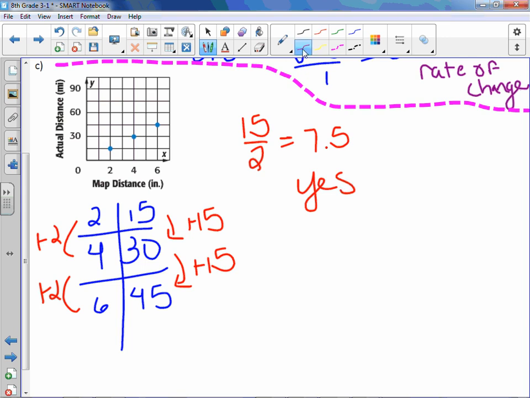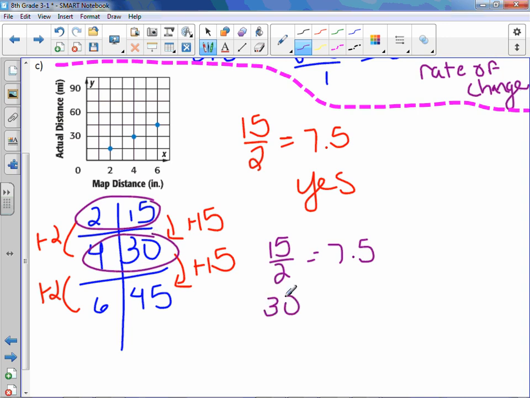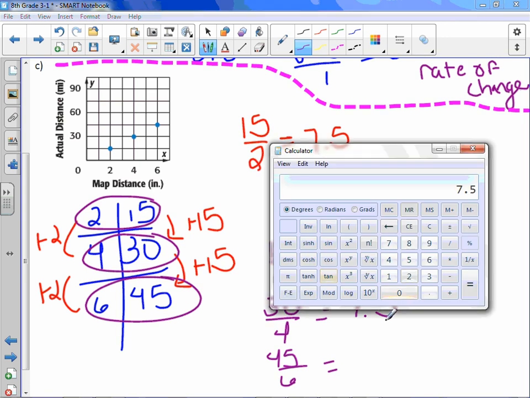To find out if it's proportional, look at each point separately. 15 over 2 is 7.5. 30 over 4 is also 7.5. And 45 over 6, let's do that one on the calculator, is also 7.5.